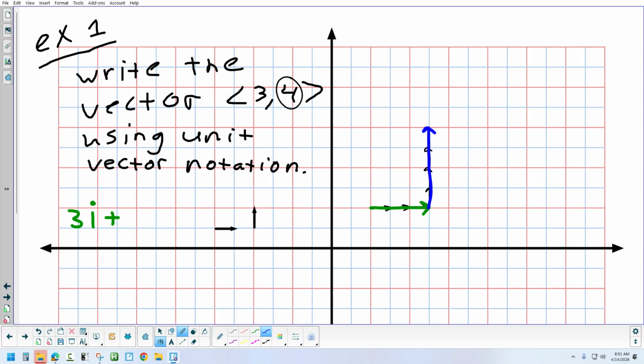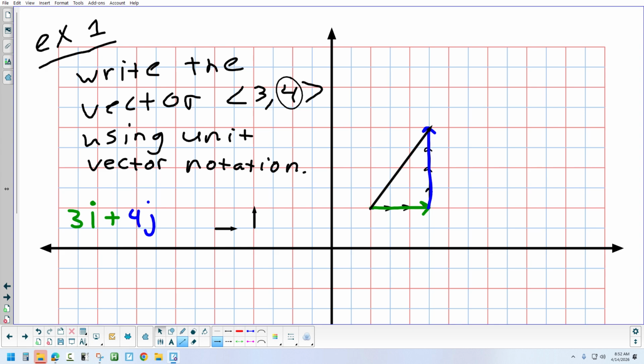So what do you think we're going to call that vector in blue? Yeah, 4j. So now, to write our final answer, this is kind of what we did yesterday with the visual part. We would draw from where we started to where we finish.